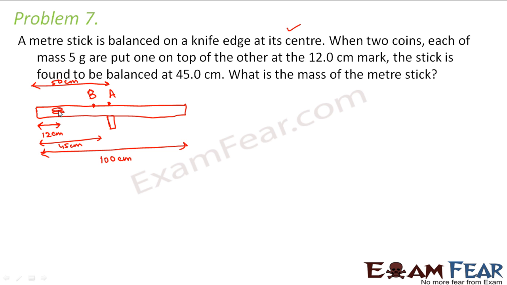But when we place two coins at 12 centimeters, the balance point is shifted from A to B, at 45 centimeters.